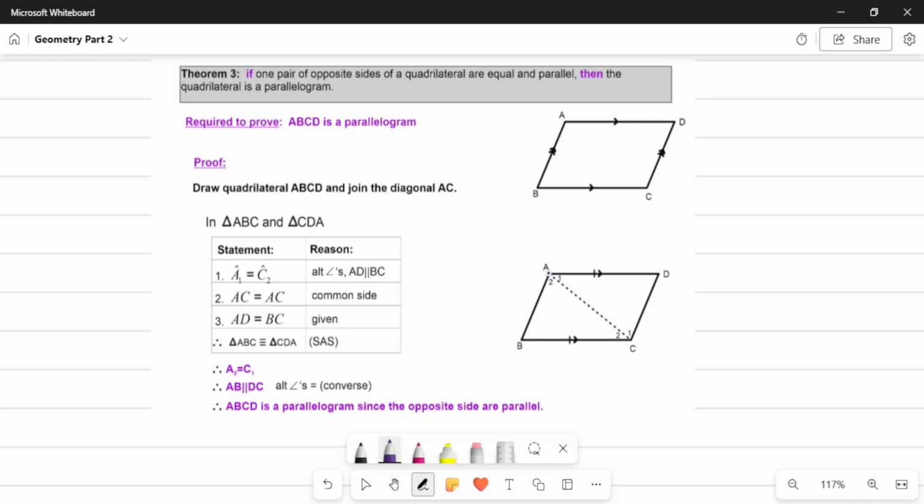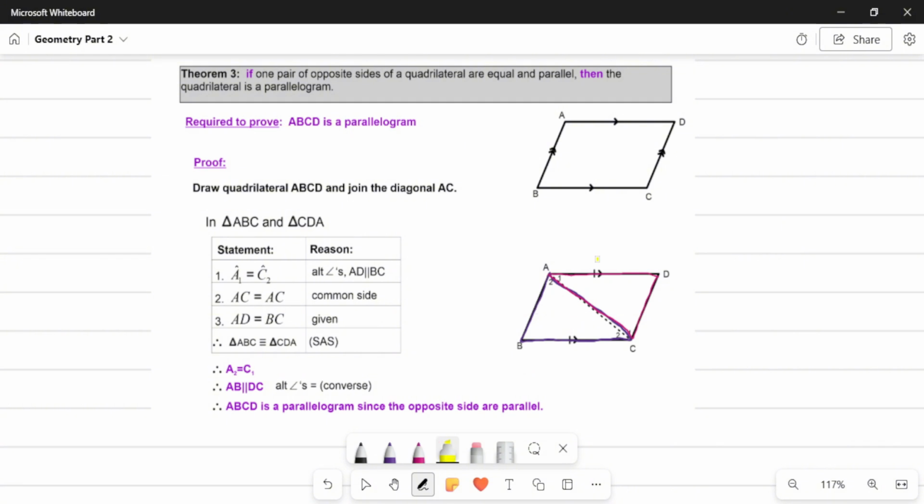So when we're drawing these triangles, it'll be ABC, and it will be ADC, right? And the reason we'll do that is because I need to find something about these sides. Because if I can prove that this is parallel to that, and this is parallel to that, only using one pair of opposite sides equal and parallel, then we have a parallelogram.